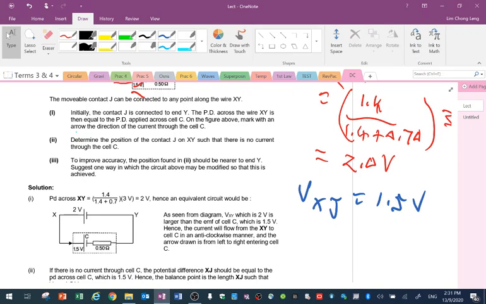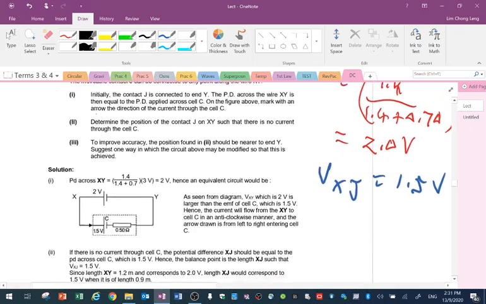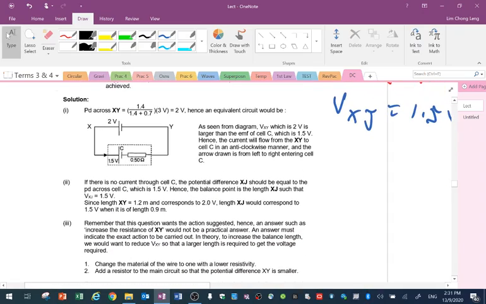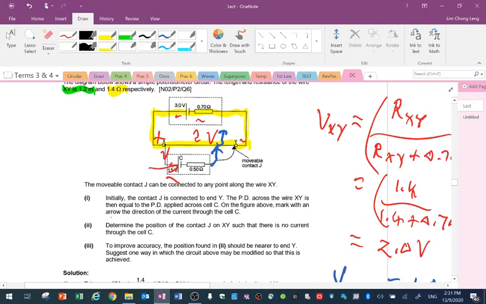So actually, there are two suggested ways here. One way is to lower the resistivity, by changing the material of the wire to another one with lower resistivity. So when you change it to a wire of lower resistivity, your VXY will be decreased.